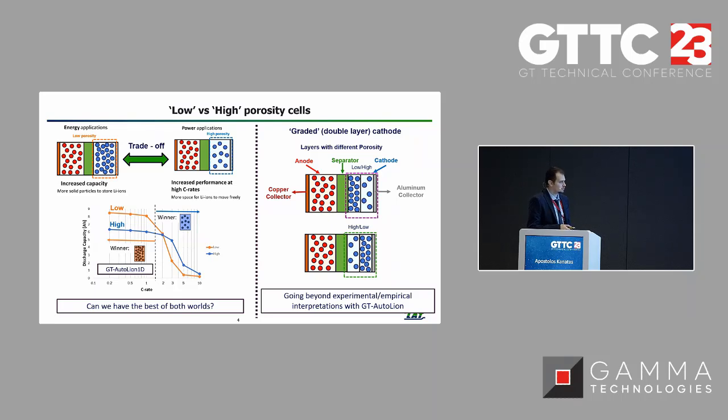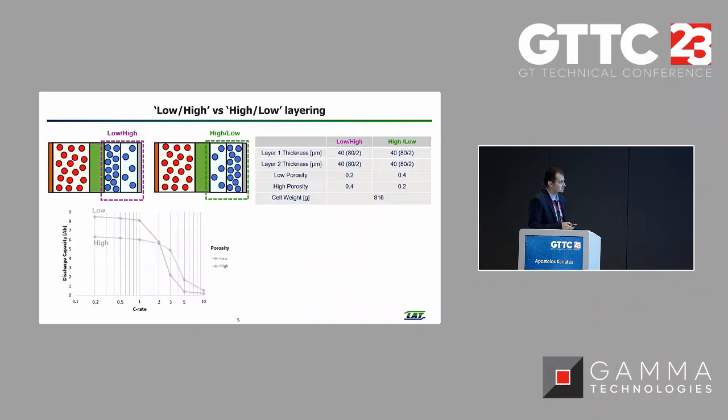So here we would like to go beyond experimental and empirical interpretations. And thanks to the help of GT-Auto line 1D, we have considered a positive electrode with 2 layers.